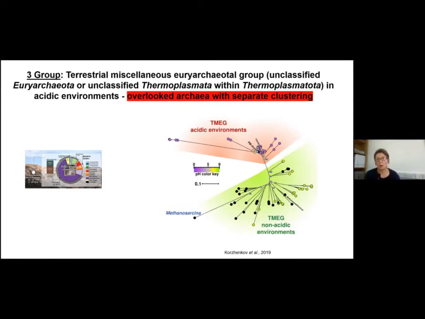And our metagenomic work revealed that these organisms associated with acidic environments probably represent a new order, which is quite close to the order of Methanomassiliicoccales.